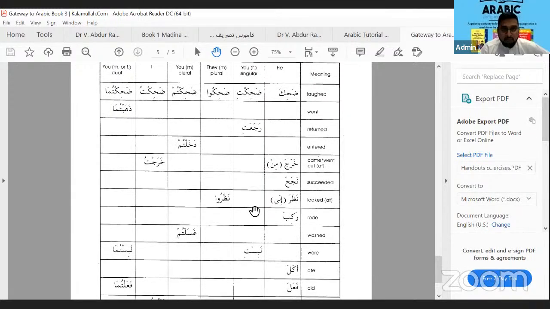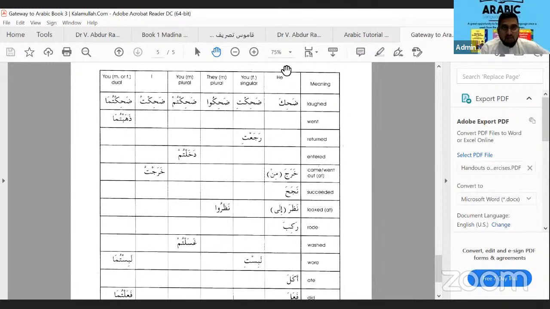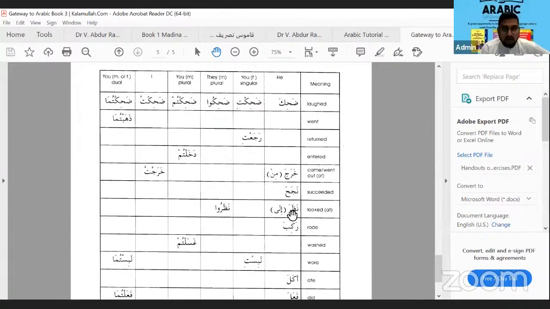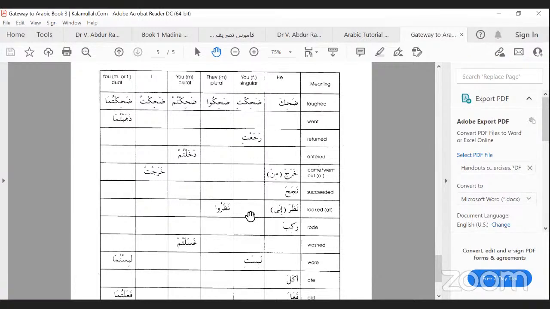So look at the vocab. Dhahika became dhahikti, you one female laughed. So nadara, which means he looked, if we wanted to change it to you one female looked, like we added t, nadara will become nadarti.